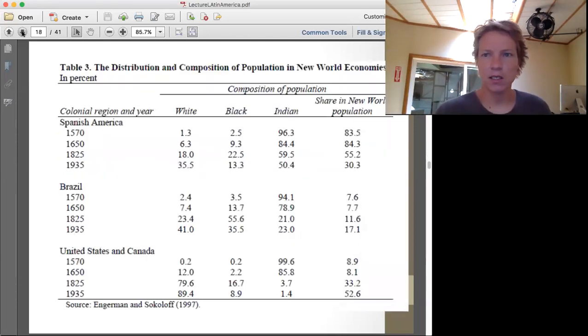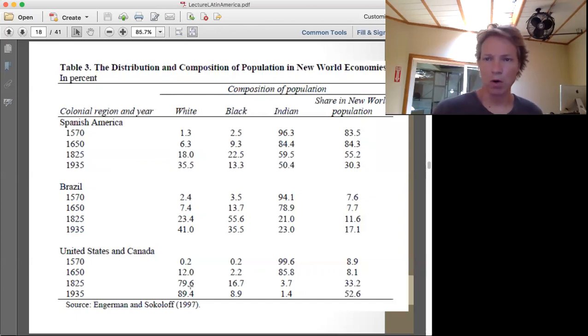And we can see this in just the immigration data, that the share, so this white will be the Spaniards, the share white in Spanish America is much lower than in the US and Canada. Essentially, the immigrants in this time period are white immigrants from Europe. And so we can see by 1825, the US is mostly white, similar with Canada.